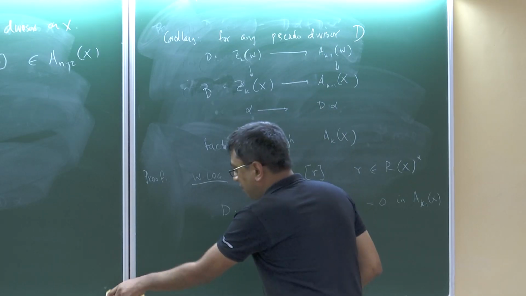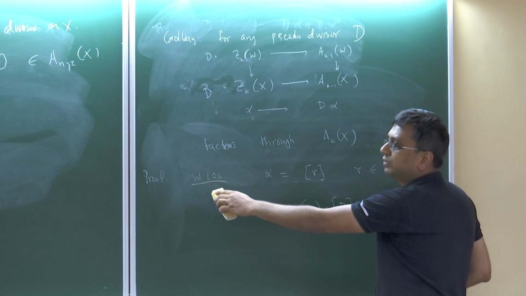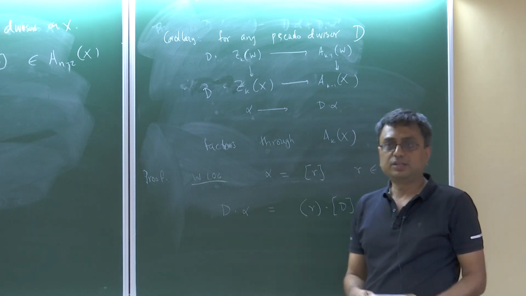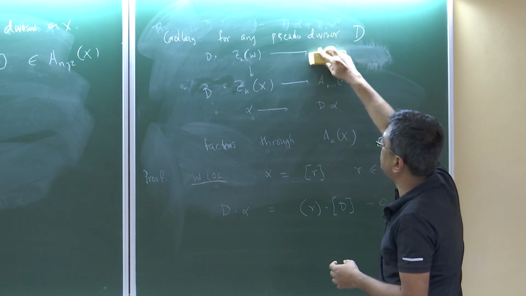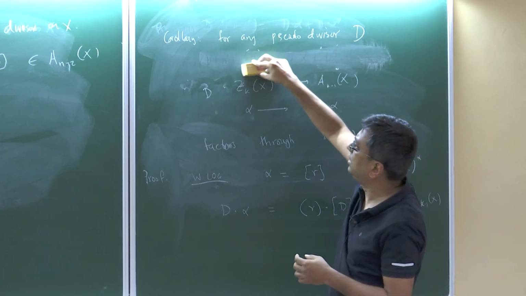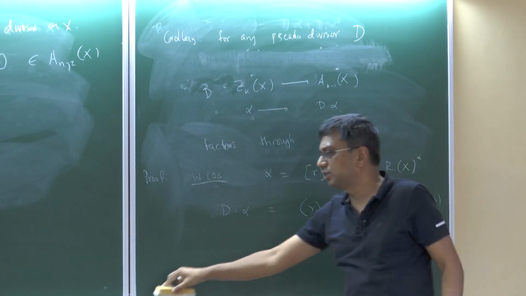I would like you to think of this reduction, without loss of generality. The reason is that this technique is so common that it is good to go through it.